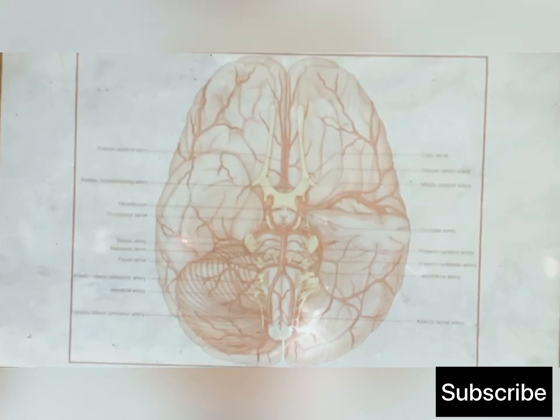If you now look at the posterior, the temporal surface is supplied by the posterior cerebral artery and some portion of the middle cerebral artery. So this combination of arteries supplies the inferior surface. Are you all clear? These are the blood supply of the cerebral hemispheres.